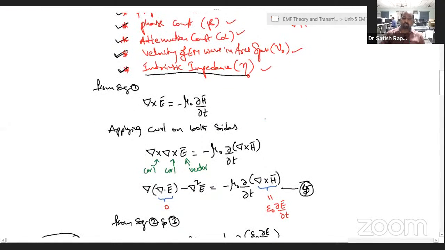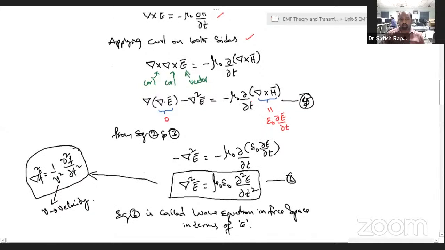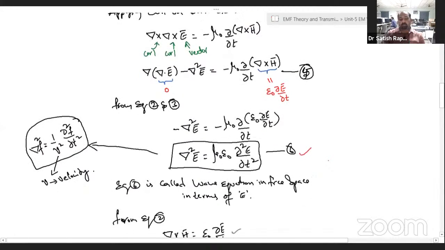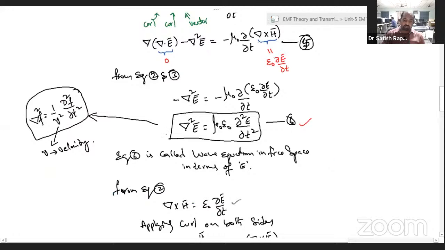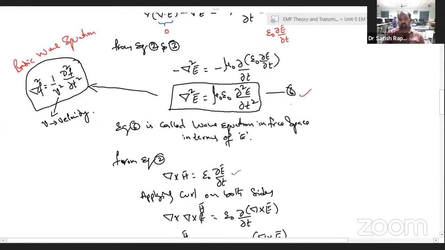The procedure is very simple. Taking equation 1, applying curl on both sides, and simplifying, we get the wave equation, which is compared with the basic wave equation. Equation 6 is called the wave equation in terms of electric field.